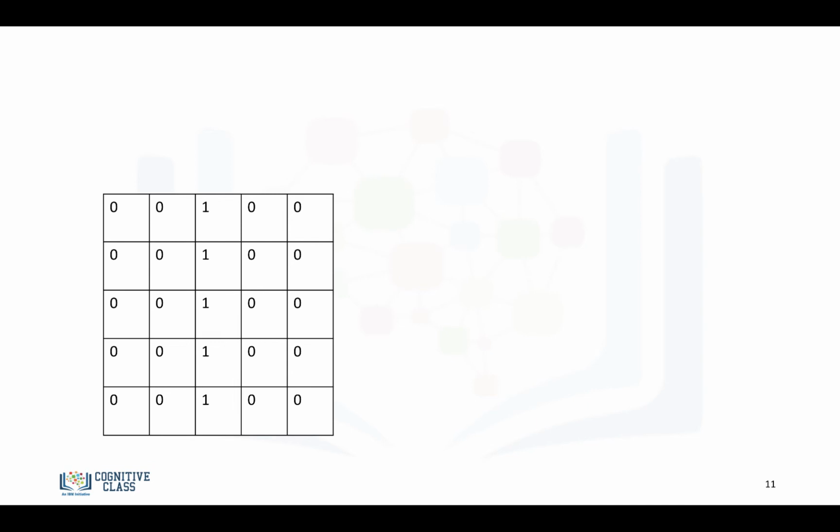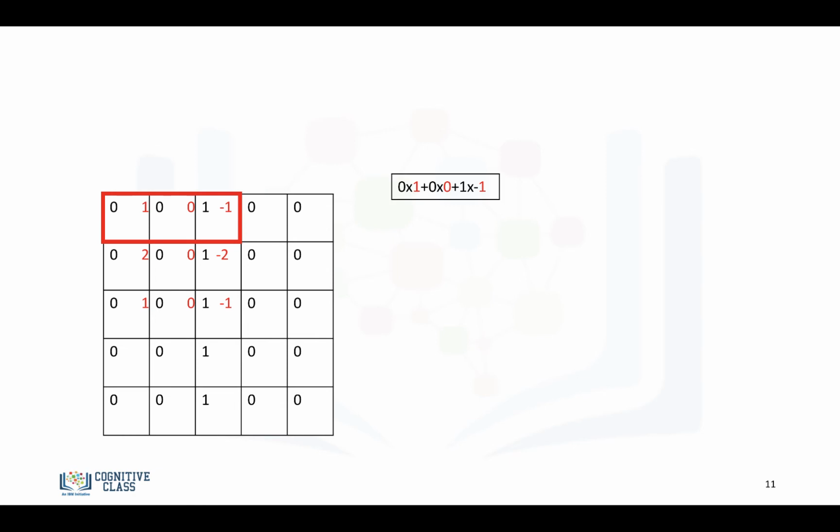So here's the image, and what we'll do is start off in the top right corner of the image. We'll overlay the kernel with that region of the image, and we'll multiply every element of the image by the corresponding element of the kernel. So for the first row, we'll get the following operation.